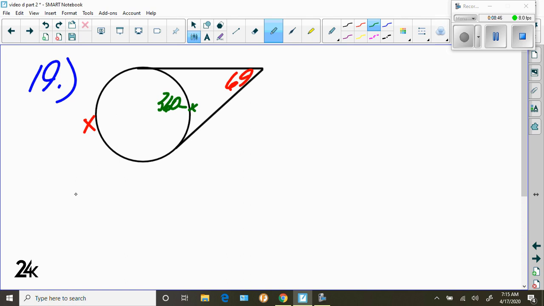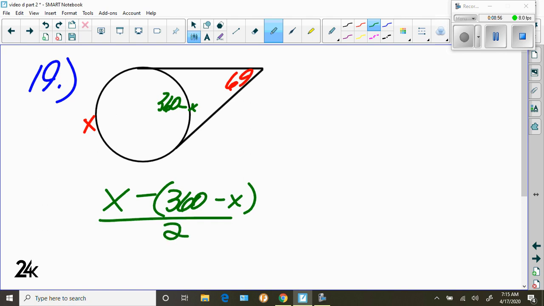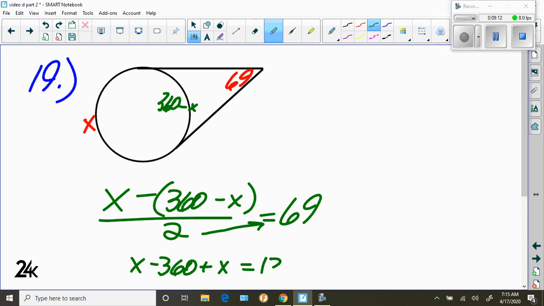All right, here we go. Big minus, in parentheses, small, divided by 2 equals the answer. Double that up. So it's going to be x minus 360 plus x equals 138.